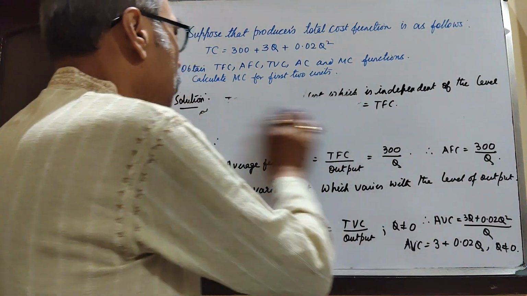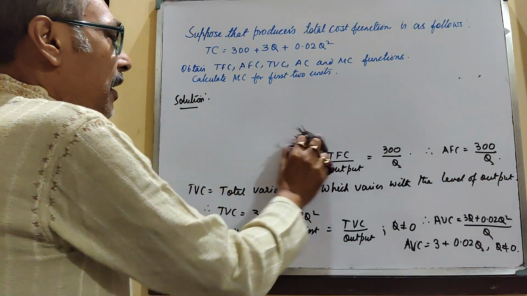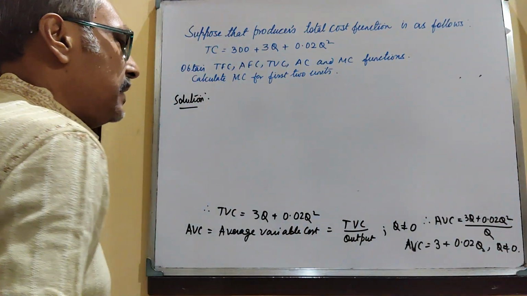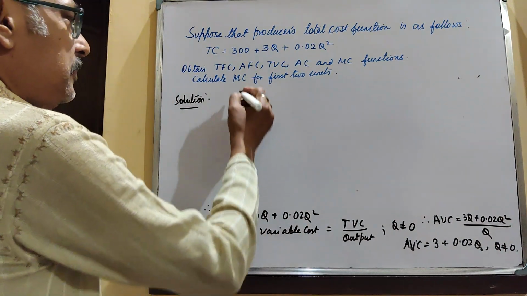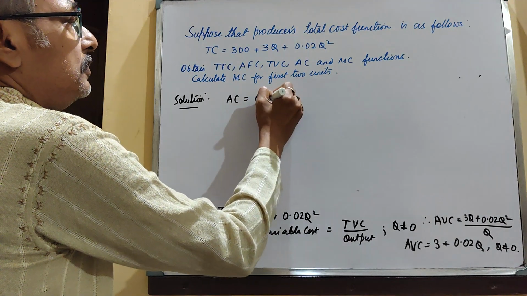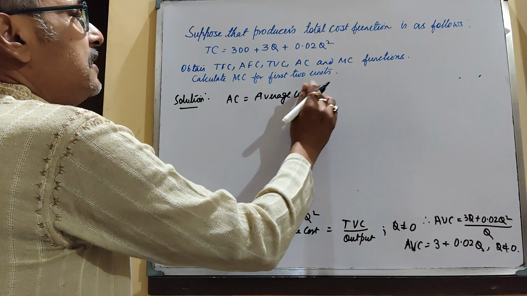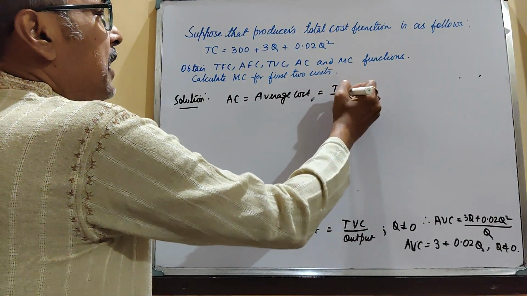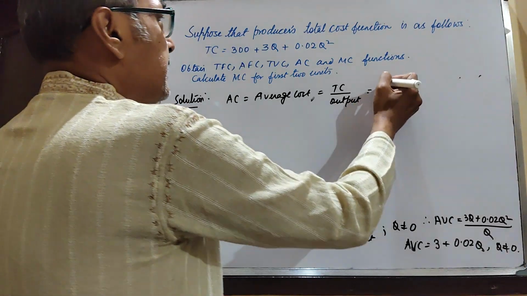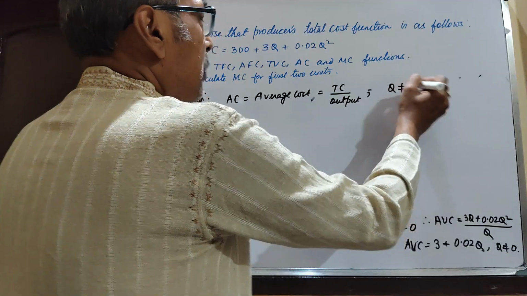Now we calculate AC, average cost. Average cost is total cost divided by output produced, where output is denoted by Q and Q is not equal to 0.